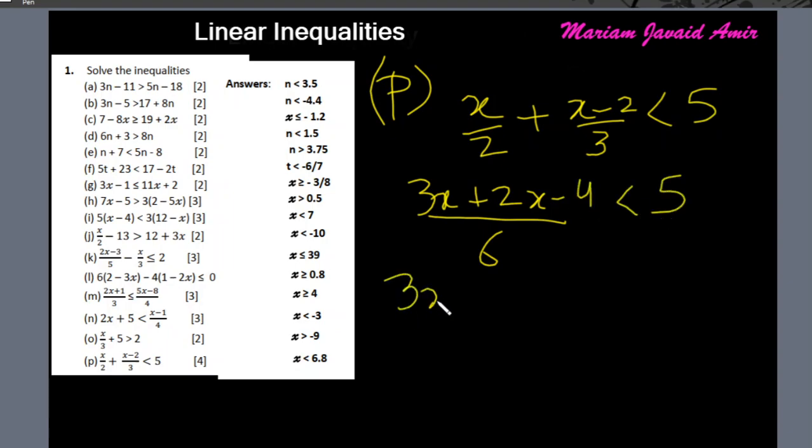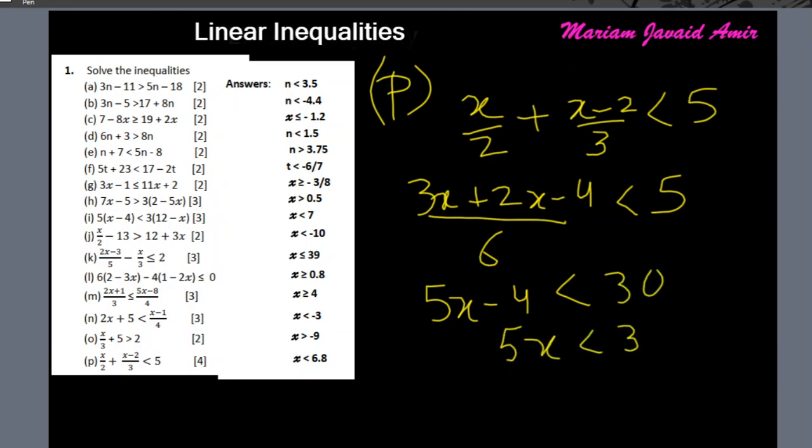Take 6 to the other side, multiply it with 5. Before that we get 5x minus 4 less than 30. 5x less than 34, and x is less than 34 over 5, 6.8.